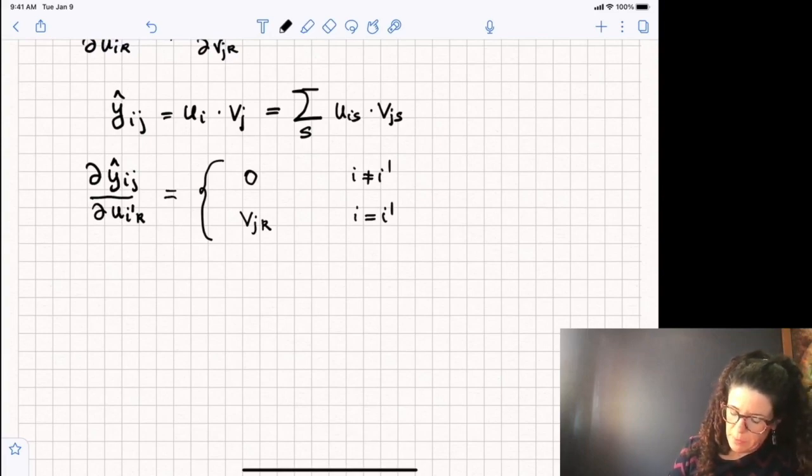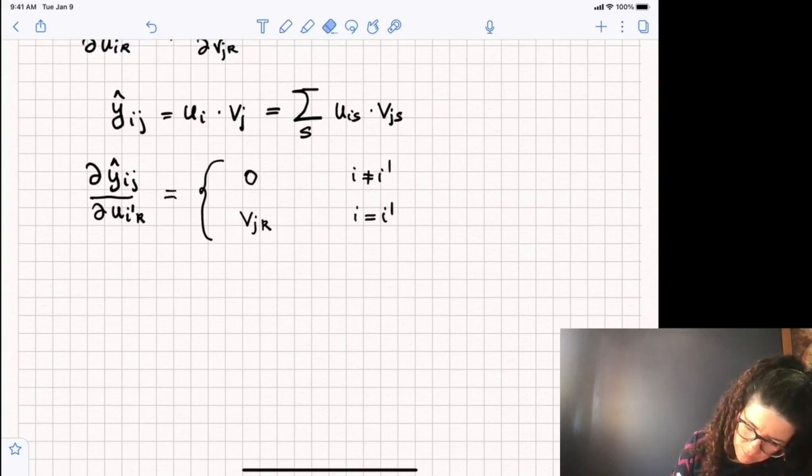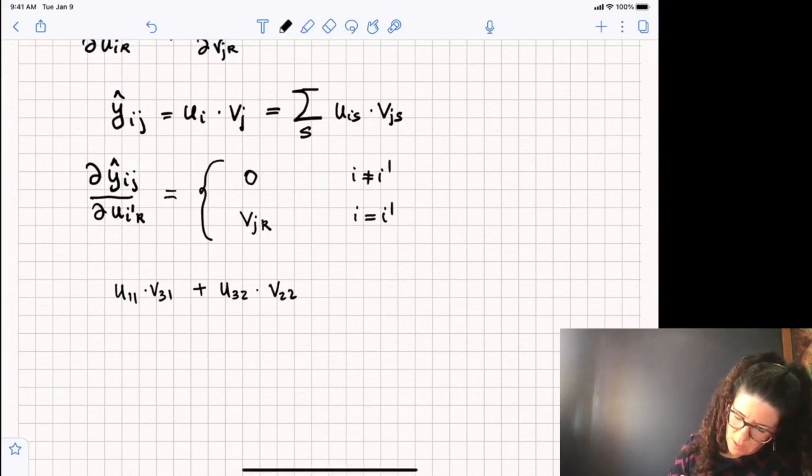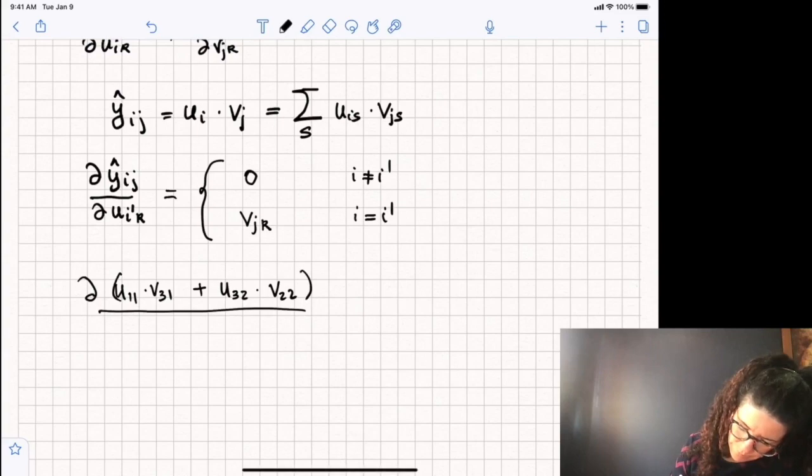Let me show you this with an example, because I think an example makes more sense. Suppose I have the formula u11 times v31 plus u32 times v22, and I want to differentiate this with respect to u31.